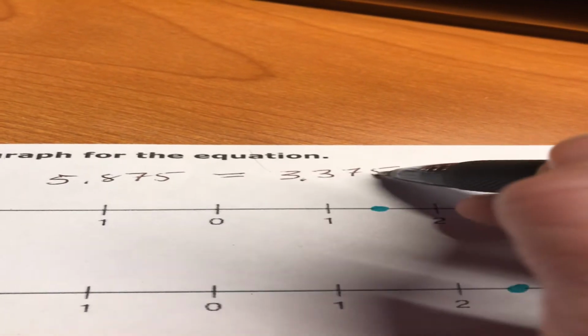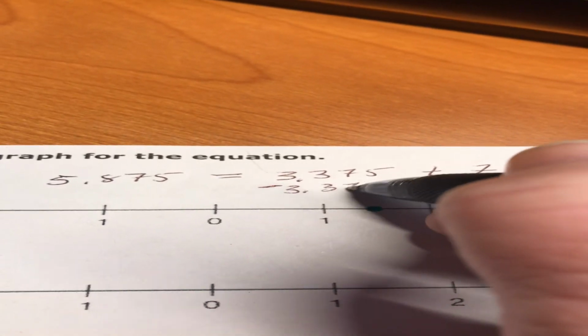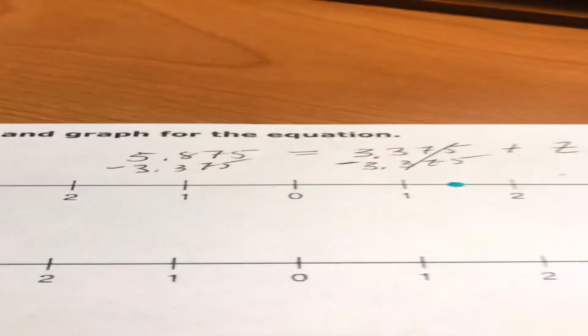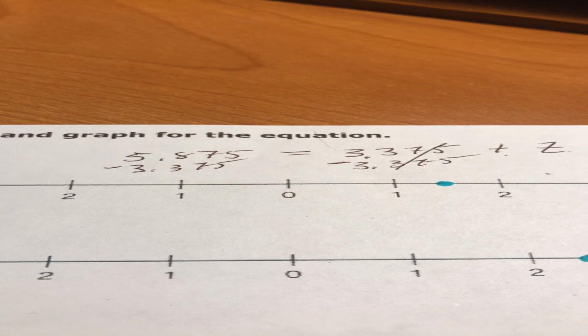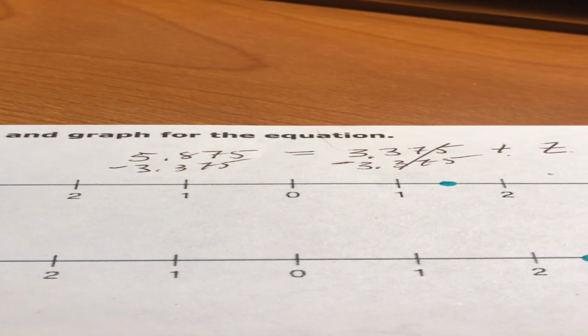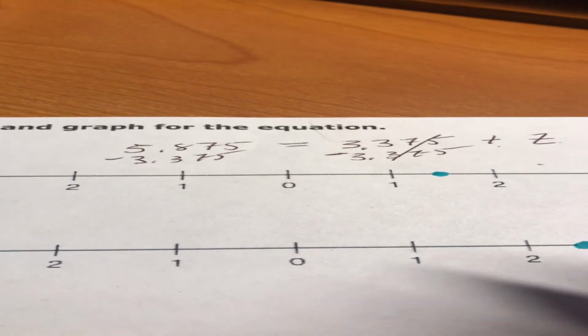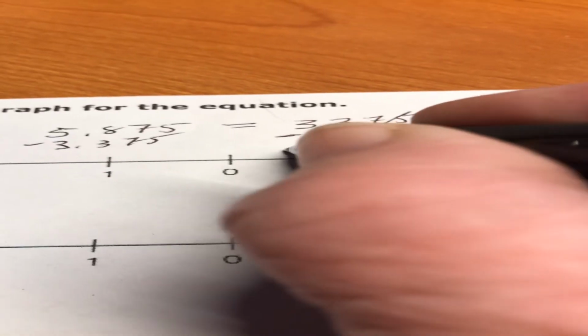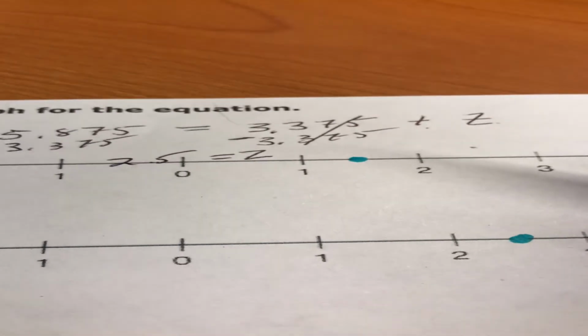It's positive, it's added, so we do the opposite and subtract it. This goes away. I'm left with z over here, and my answer is whatever that is. It happens to be 2.5. So we're left with z equals 2.5.